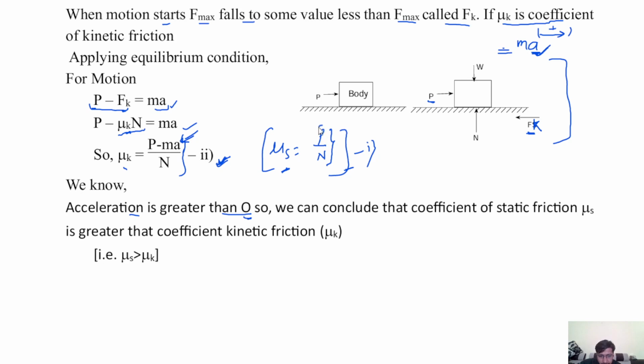This quantity is mu s, the coefficient of static friction, and this quantity is the coefficient of kinetic friction, and this coefficient of kinetic friction is less than the coefficient of static friction. That means the coefficient of static friction mu s is greater than the coefficient of kinetic friction.